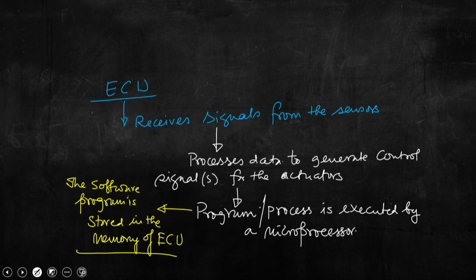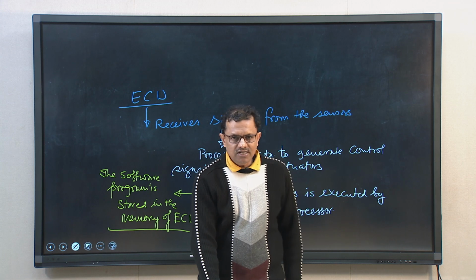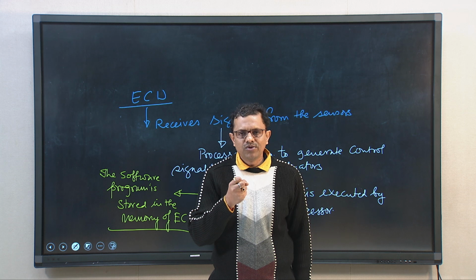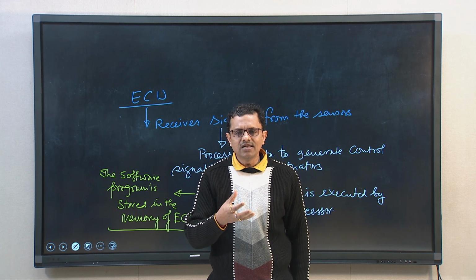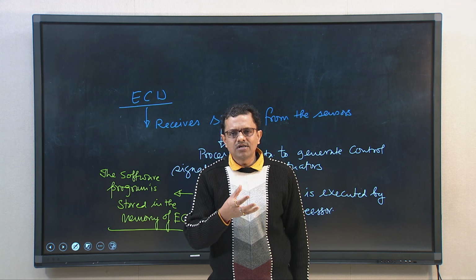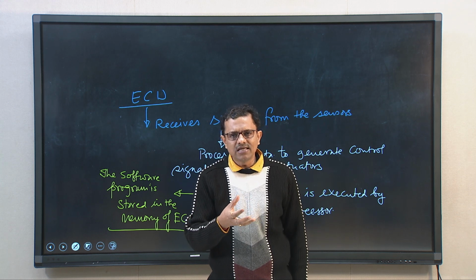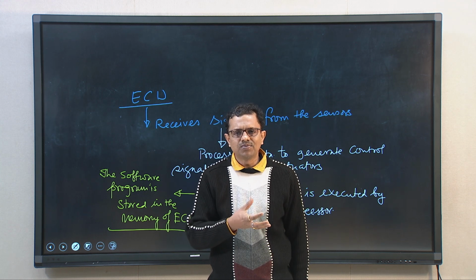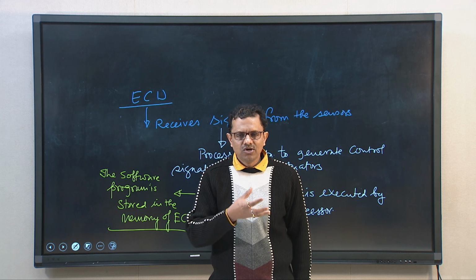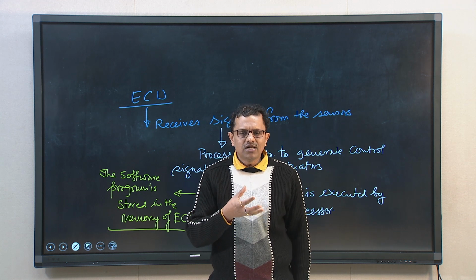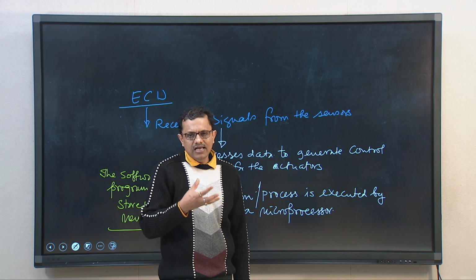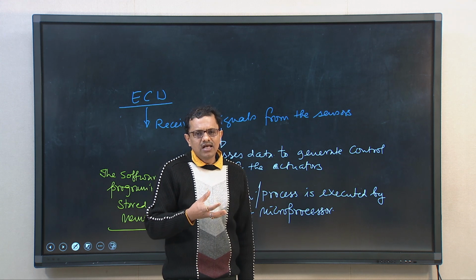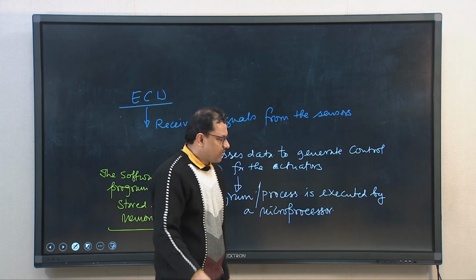as I told you, ECU and other components, right. So, ECU is capable of receiving signal, will process the data, will generate output signal or control signal, and to generate control signal and process data, again there will be so many other electronic components or electrical components. So, ECU houses many electronic gadgets and electrical components, and that is known as hardware.